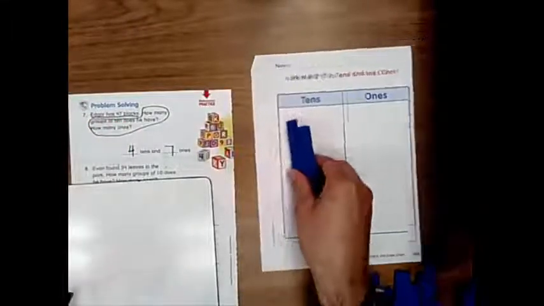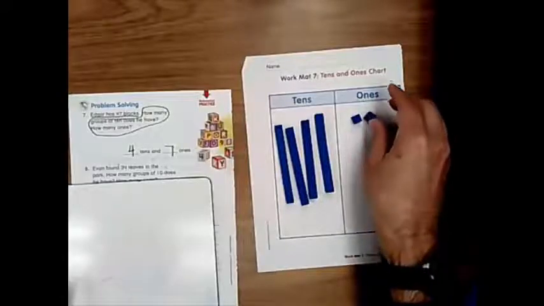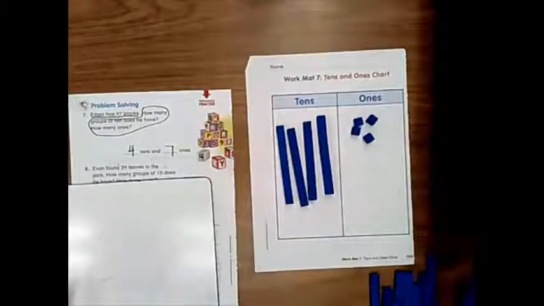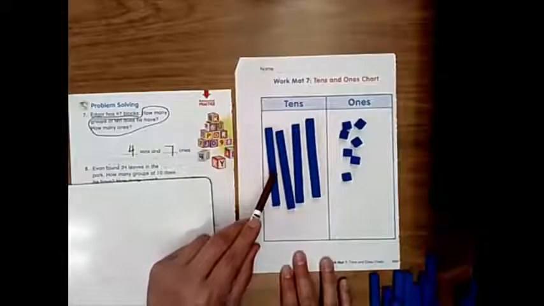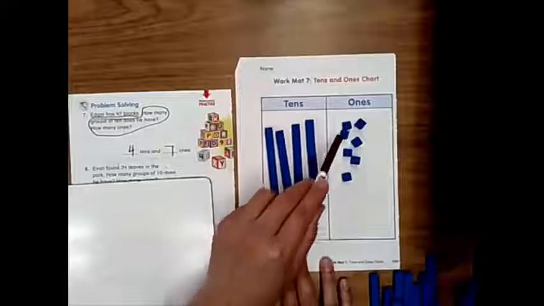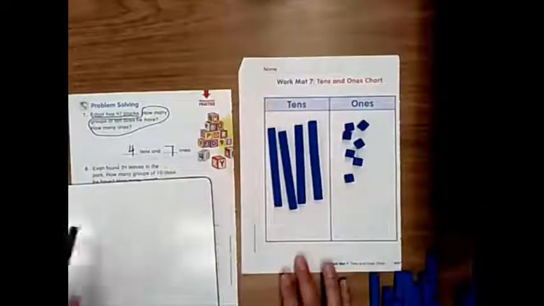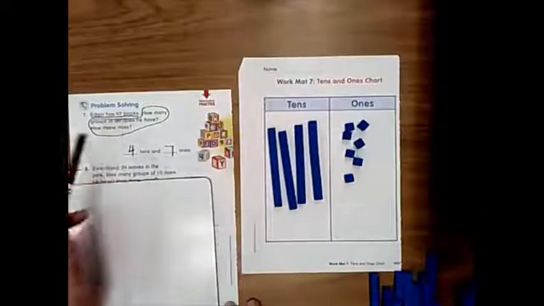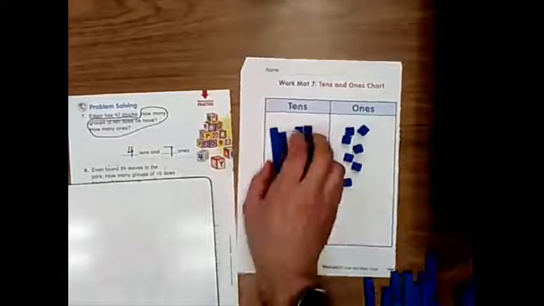So let's see. 1, 2, 3, 4. I'm going to check my answer here. 1, 2, 3, 4, 5, 6, 7. So does that make 47? Let's see. 10, 20, 30, 40, 41, 42, 43, 44, 45, 46, 47. So that is correct. I made 47. 4 tens and 7 ones makes 47.